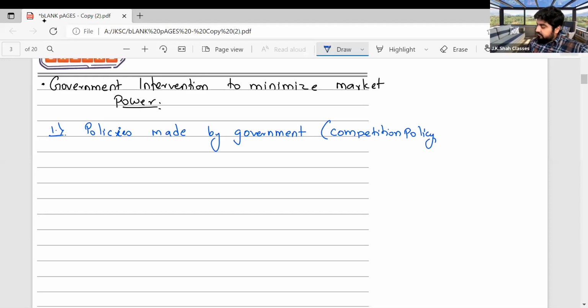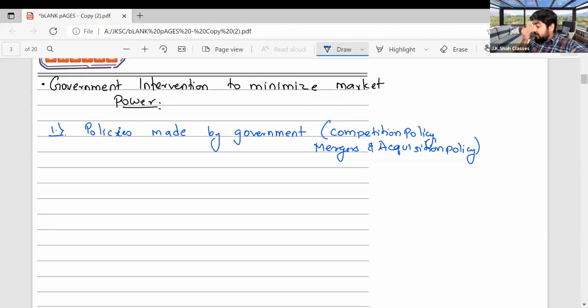And after that, we have some policy which is called as mergers and acquisition policy also. Okay. Now, what is this mergers and acquisition policy, or what is this competition policy, everything?